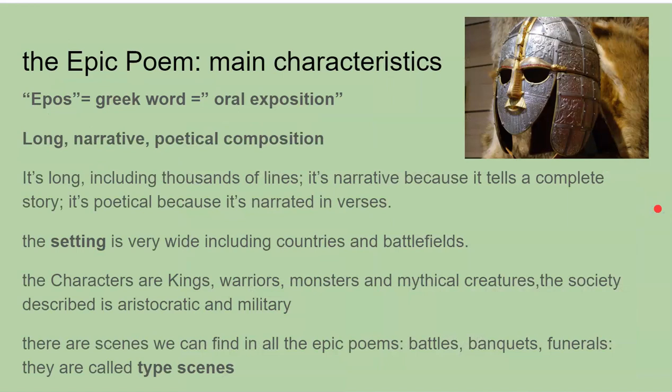The epic poem, what is the epic poem? Which are the main characteristics? You know that the word epos is a Greek word, and it actually means oral exposition. So the epic poem is something that was initially transmitted orally. We define the epic poem as a long narrative and poetical composition. Why long? It is long because it is normally made of many lines, normally thousands of lines.